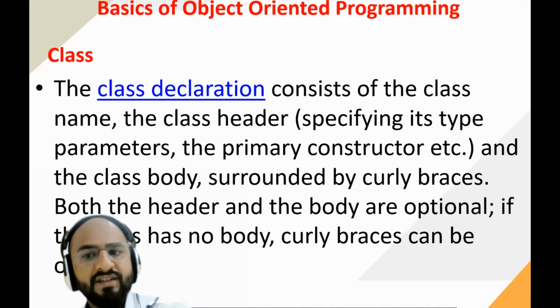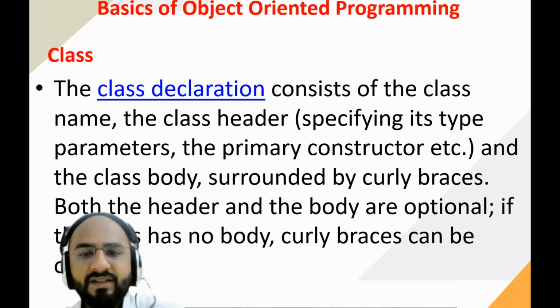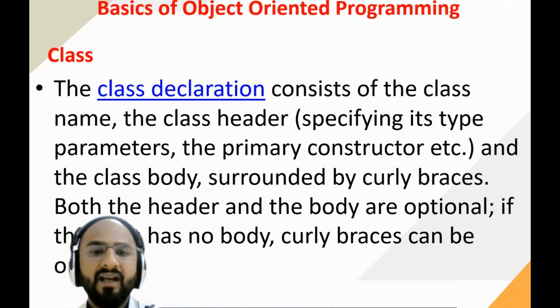It means it is specifying the type of parameter, the number of parameters, and the primary constructor. These are the class header. And the class body is surrounded by curly brackets. So when we create a class, after the class name, we will write curly brackets, right? That curly bracket means the body of that class.